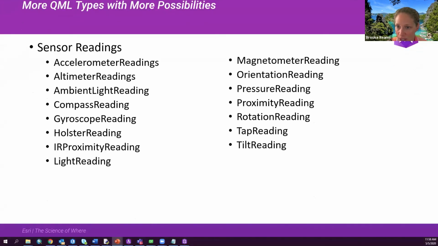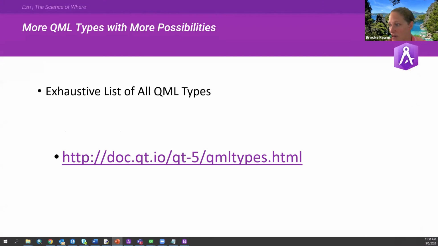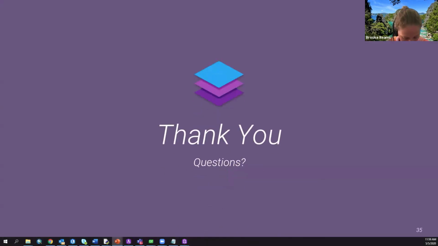There's actually an exhaustive list of all QML types at this URL. So if you are interested in developing an app that uses some sort of unique functionality that requires one of these QML types, definitely take a look at this URL. And that is all I have.